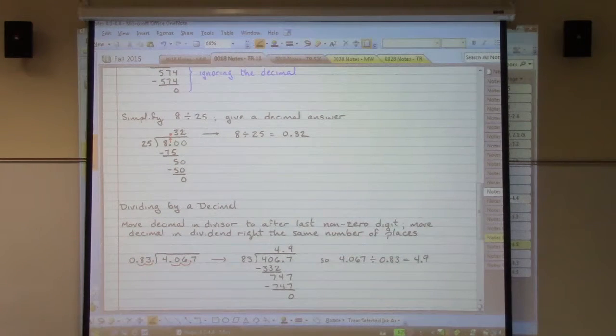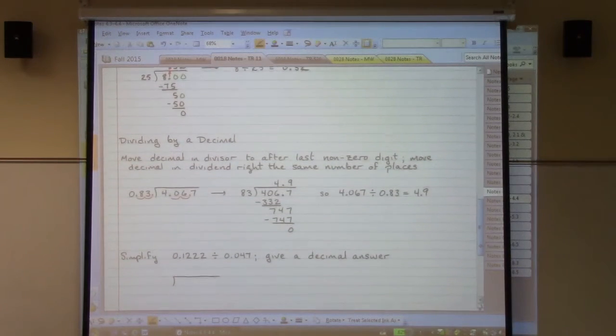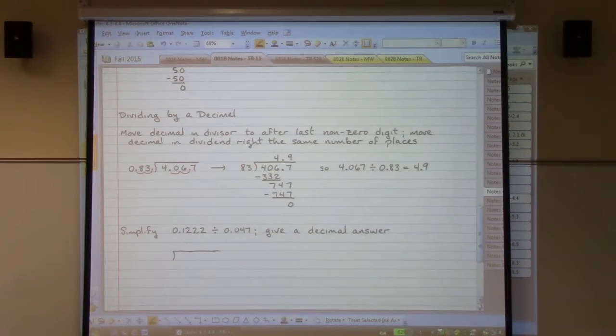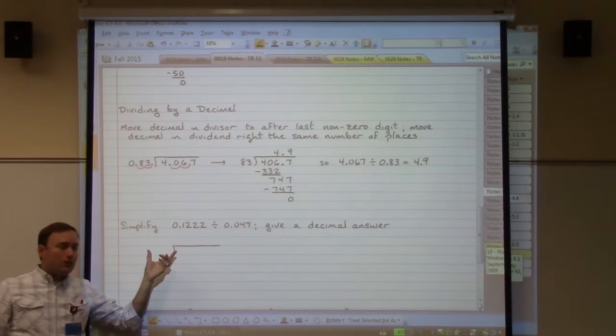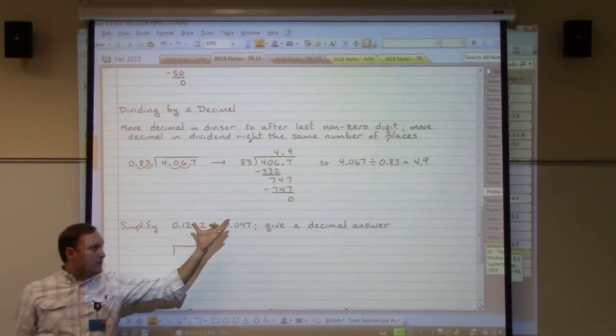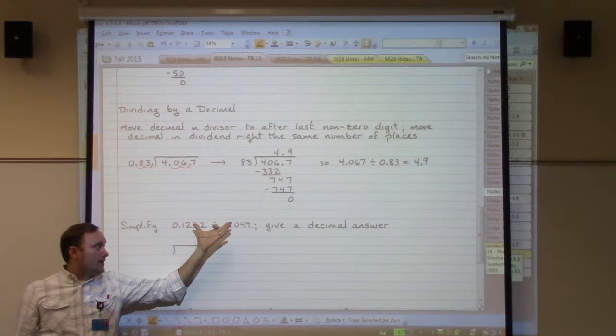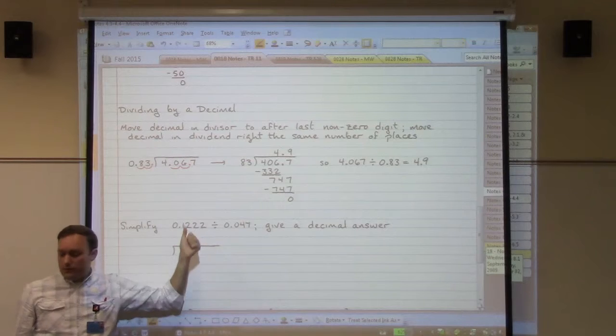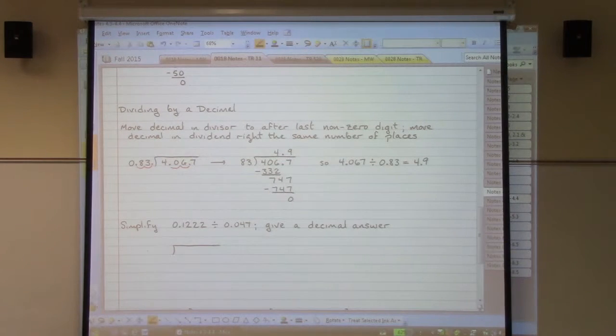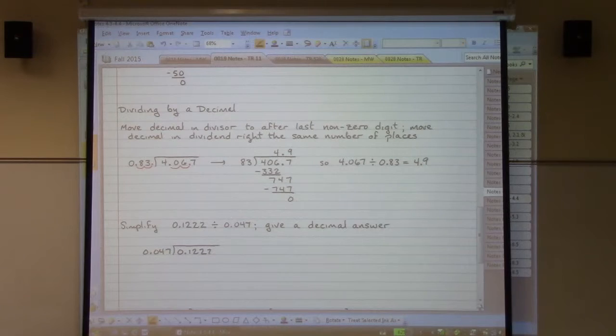So we take a look at an example to work together that uses this. Again, it's important for us to identify the number that would go out in front of the long division symbol. With that traditional division, the number that goes out front is the second number. The number that goes underneath is the first. Meaning that we would have a division problem where there is a decimal point in each of these.